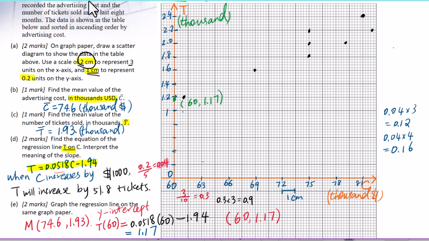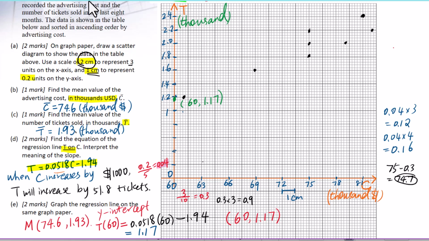74.6, very close to 75. One box is 0.3. 75 minus 0.3 equals 74.7. Very close to this 74.6, which means we will move 1 unit from 75.